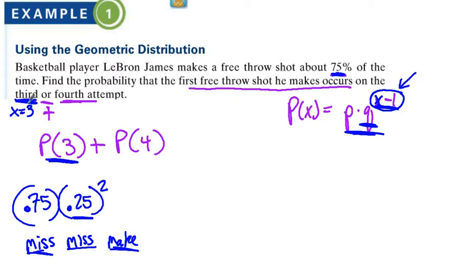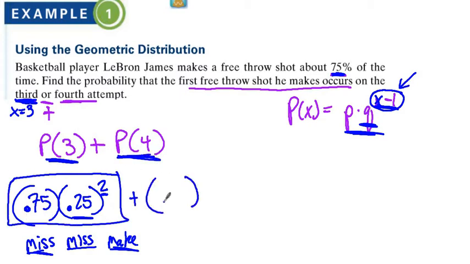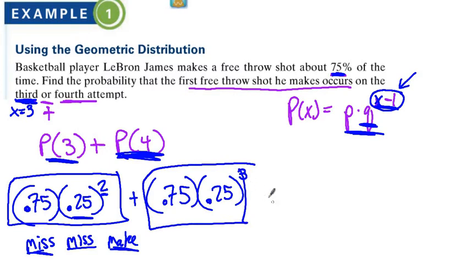If it was asking about the 100th attempt, then this would be raised to the 99, because if you made it for the first time on the 100th, that means you had 99 misses. So we have to put that in the calculator, and then add to it the same thing right here. I always have a 75% chance of making it, but if I made it first on the fourth one, I must have had 3 misses. So we have to find what those two are and add them together.